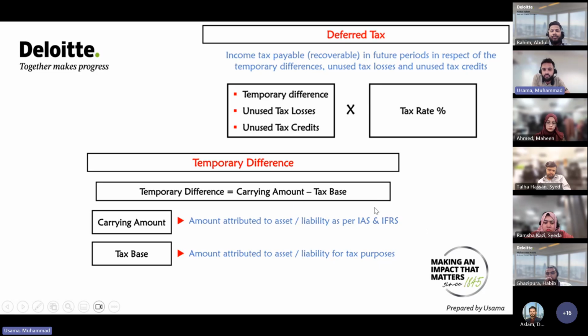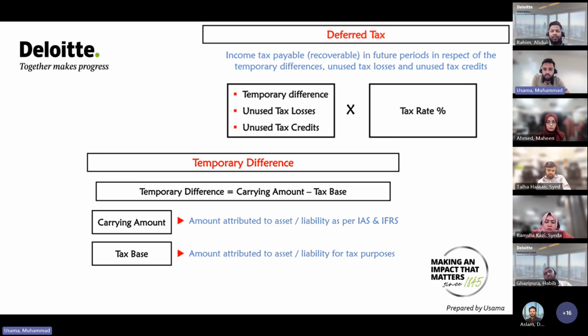I will give you an example for this temporary difference, so it will be easy for us to understand how temporary difference is calculated.